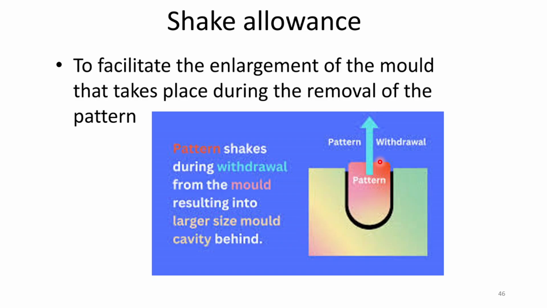Now your casting will also be bigger compared to the pattern, so you have to count this as well. This is a negative type of allowance. It facilitates the enlargement of the mold that takes place during the removal of the pattern, as the pattern shakes during withdrawal from the mold, resulting in a larger mold cavity compared to your pattern. That's why this is a negative type of allowance.